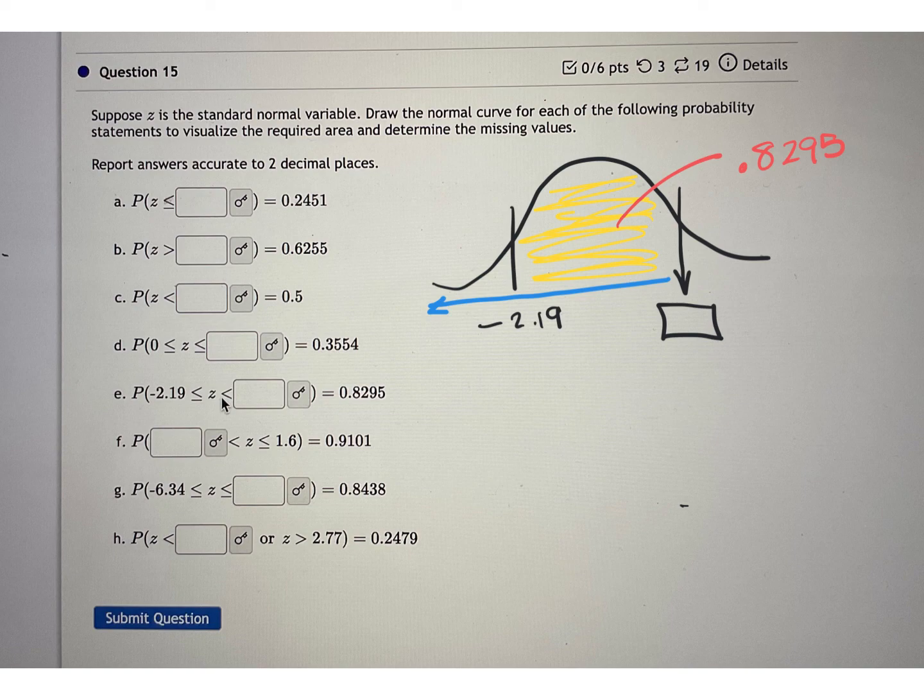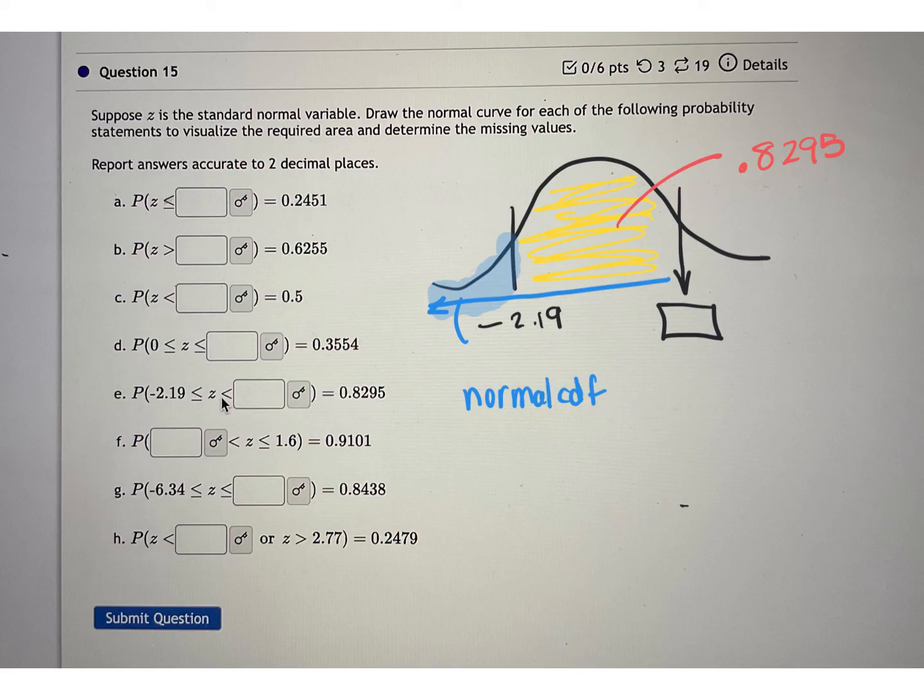And in order to figure that out, I need to figure out what is this right here. All right, so I need the area. How much area is left of negative 2.19? So I have to do a 2-step issue here. The first step I have to do is figure out that area, and that's going to be a normal CDF, cumulative density function.